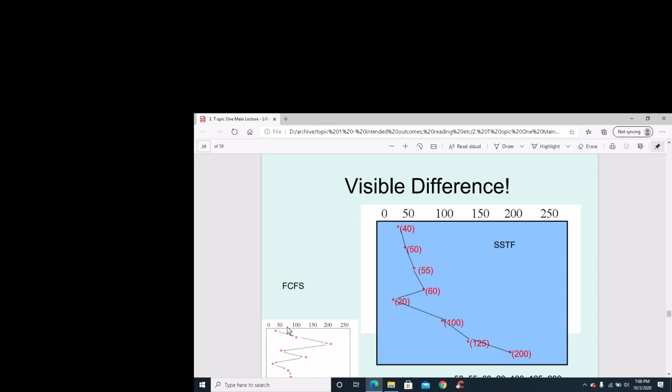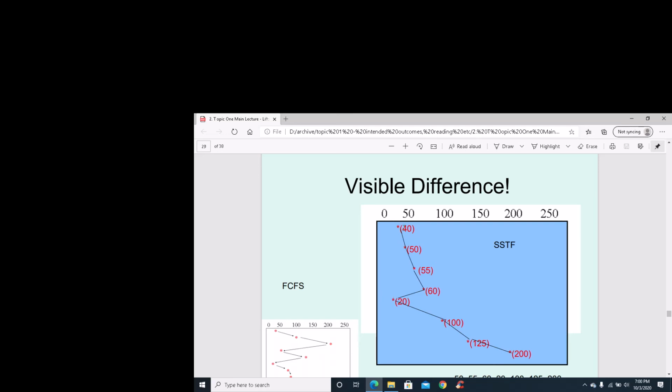And this compares to the shape of the journey generated by the first come, first served algorithm. So think about that. I think I got this wrong in discussing it. Right? 40 then 50, not 40 and then 20.